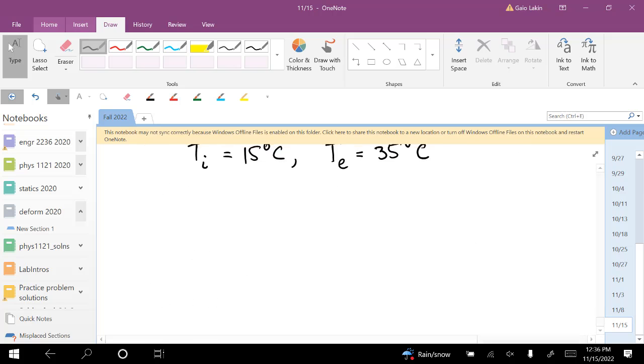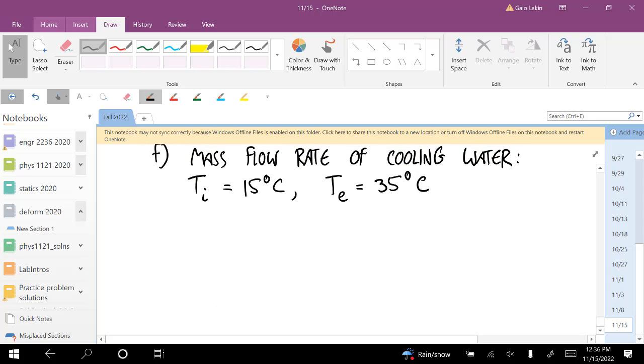Okay, so let me see. So there's the question. Let me sort of write these out as, so there's state 1, state 2, state 3, and state 4.